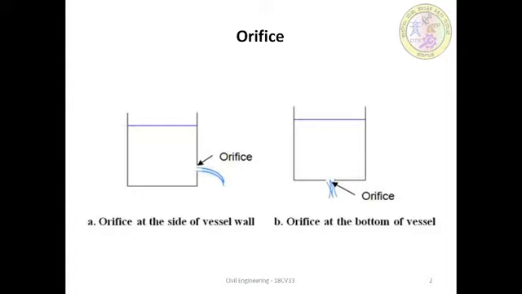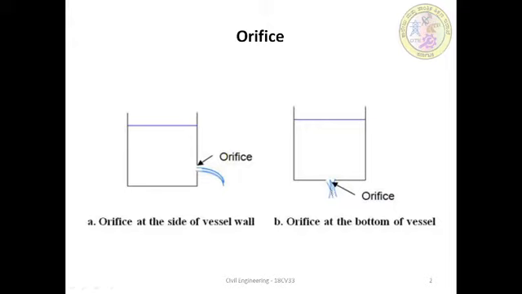You can see the orifice in the figure. The orifice is nothing but an opening at the side or at the bottom. In the first figure, you will notice the opening at the side wall of the vessel or tank, and in the next figure, the location is at the bottom.